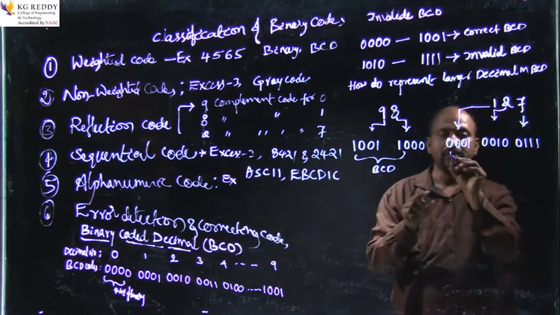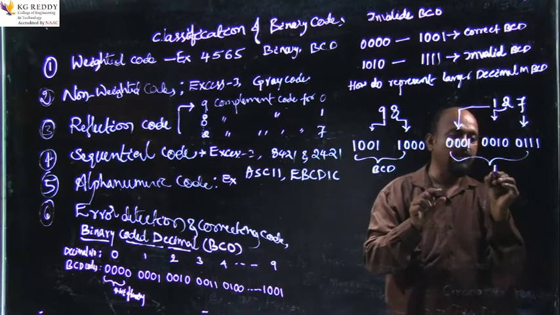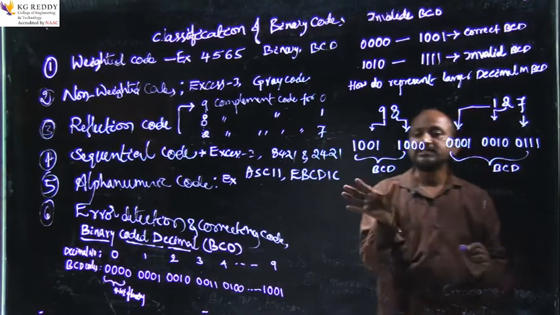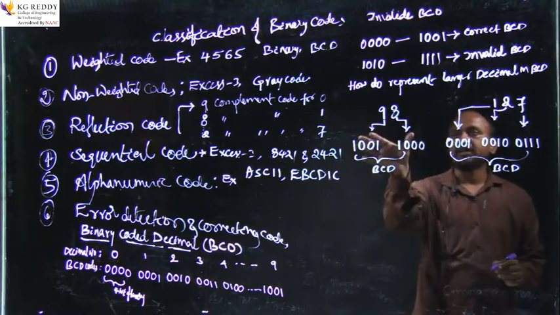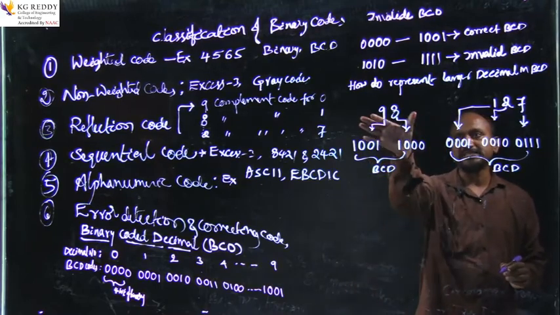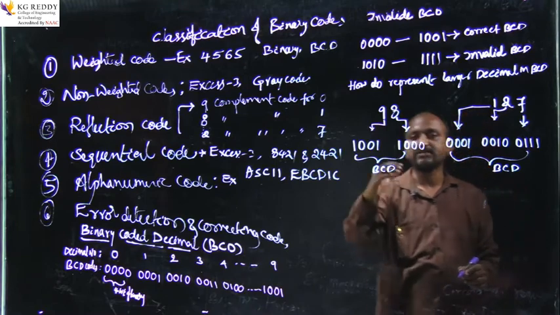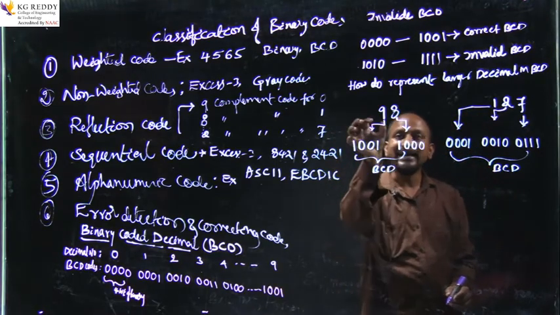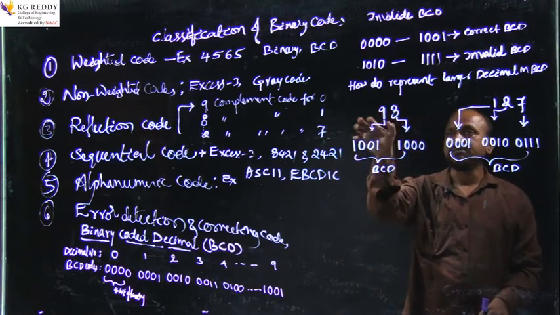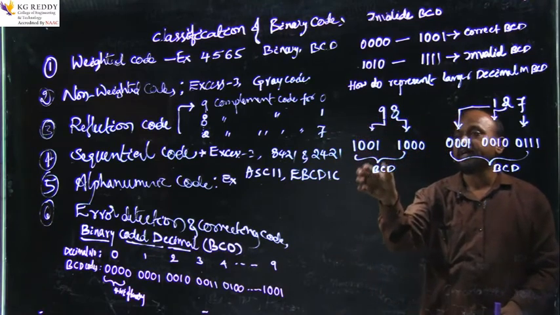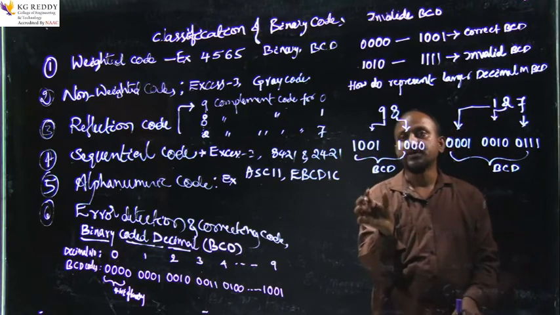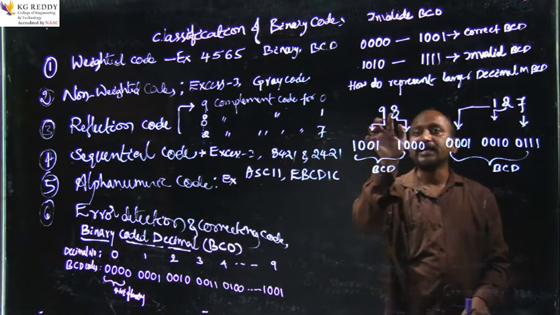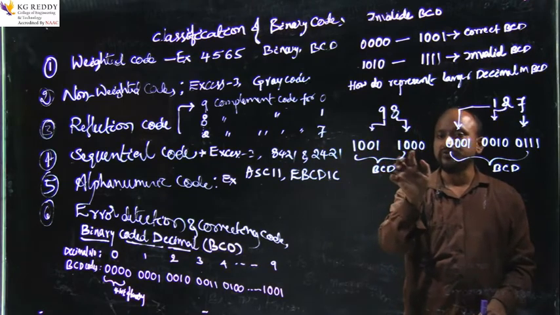This is the BCD of 127. This is the way of converting decimal to BCD. Each digit in the decimal number should be represented as a set of 4 bits of binary. So 9 is 1001 and 8 is 1000.